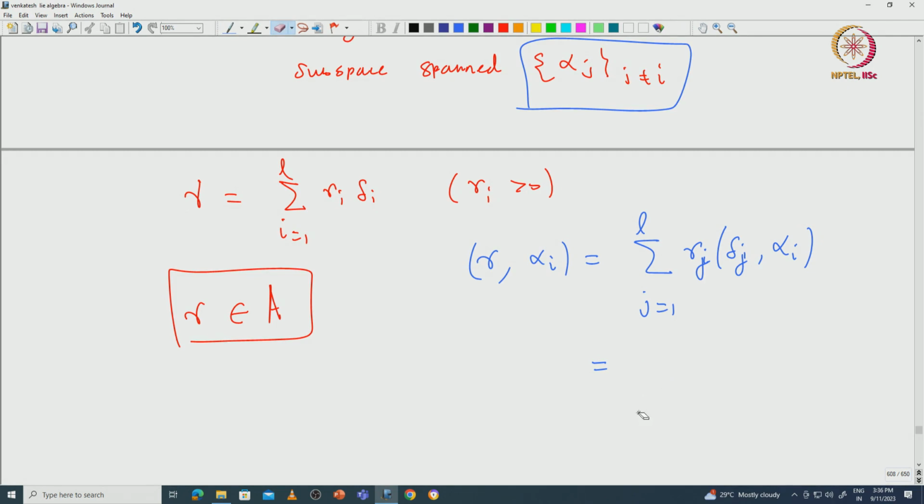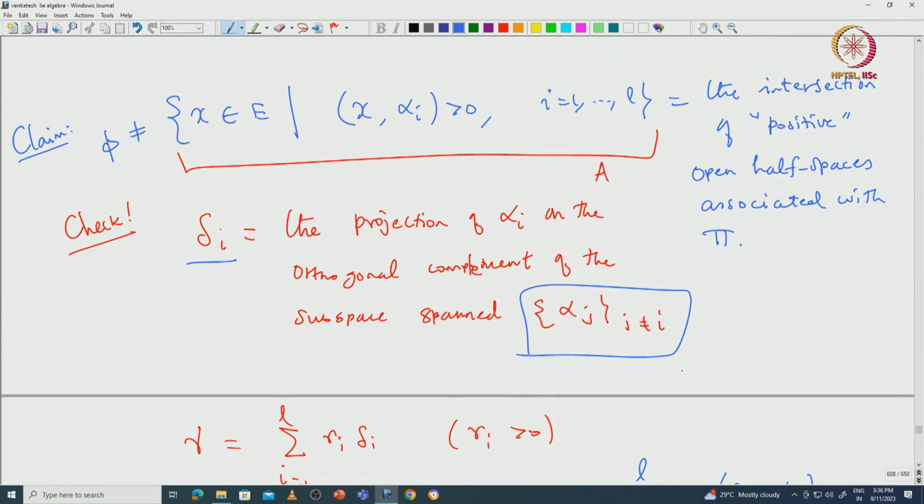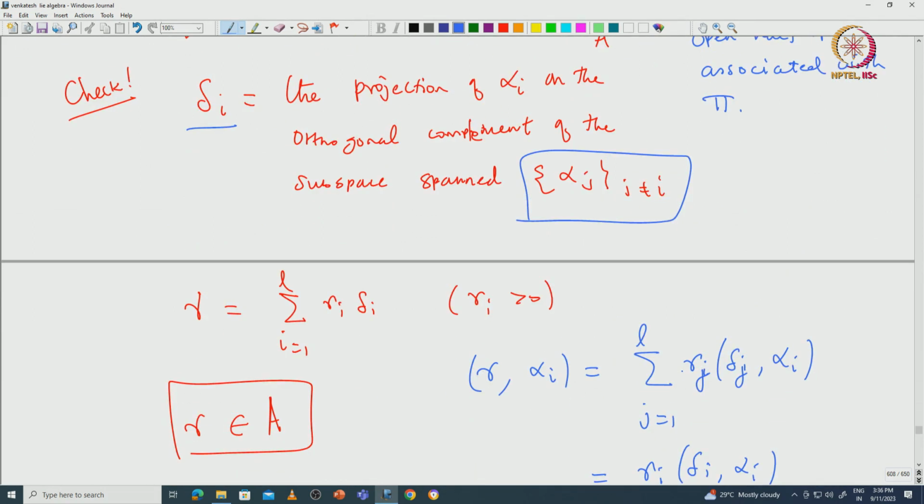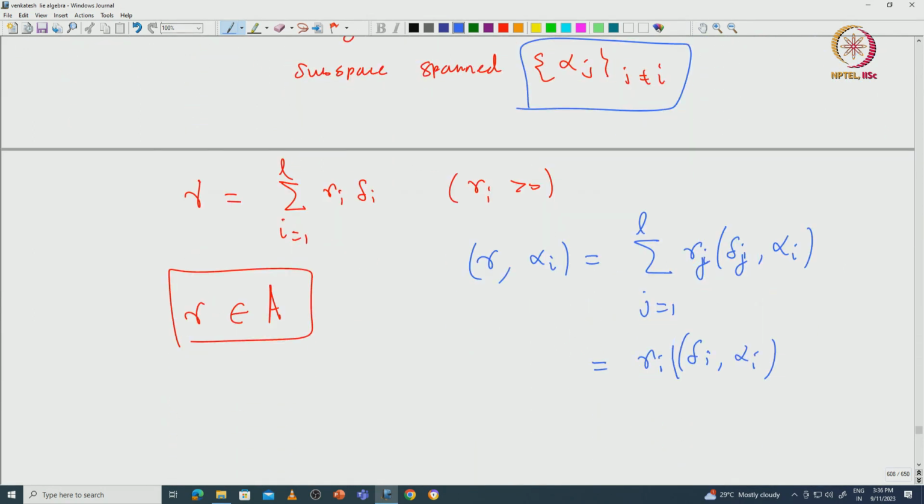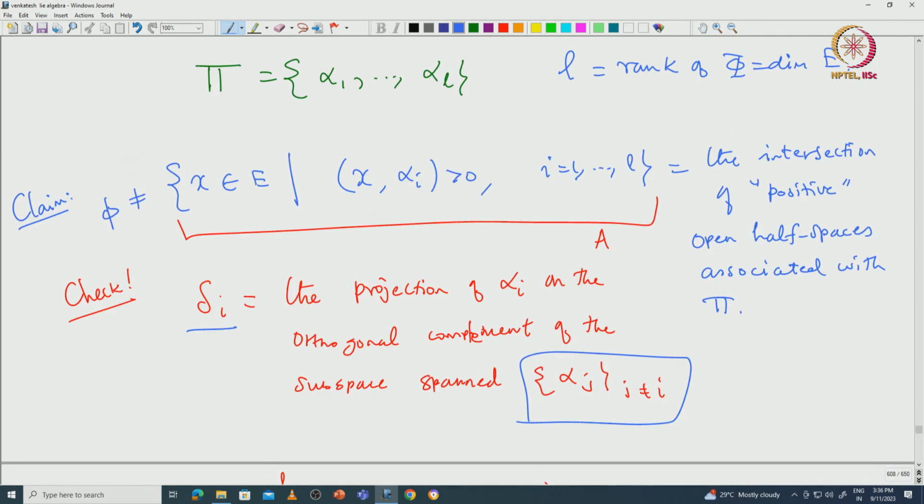Then what do you get? Exactly equal to R I delta I alpha I. Since delta I is the projection of alpha I on the orthogonal complement, this must be non-zero and also positive. So that forces this gamma of alpha I to be positive for all I ranging from 1 to n.